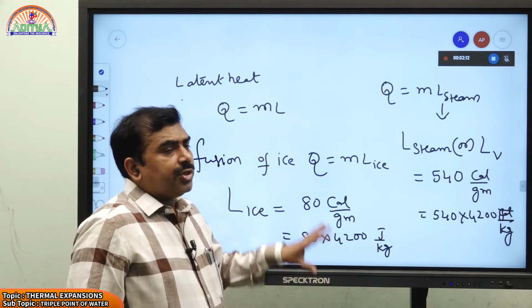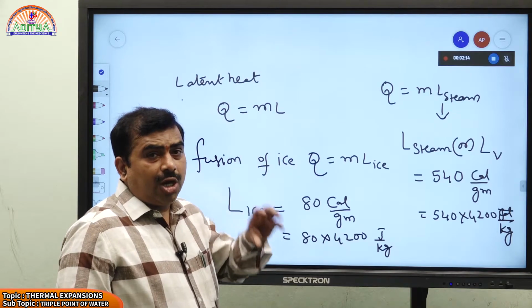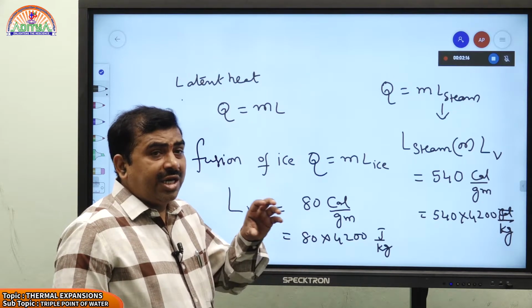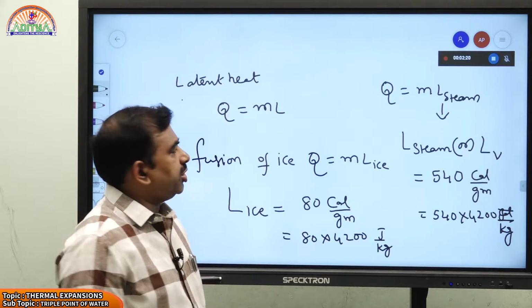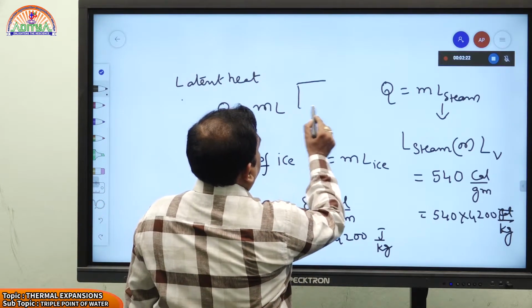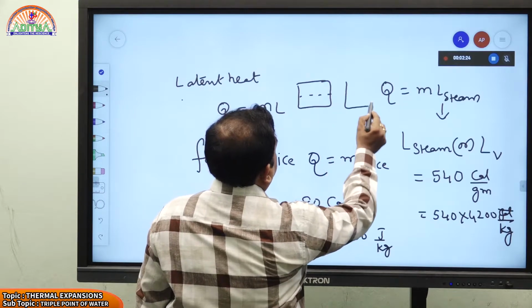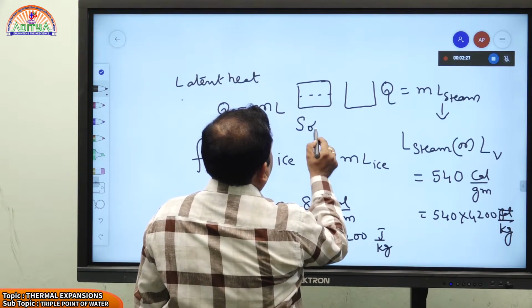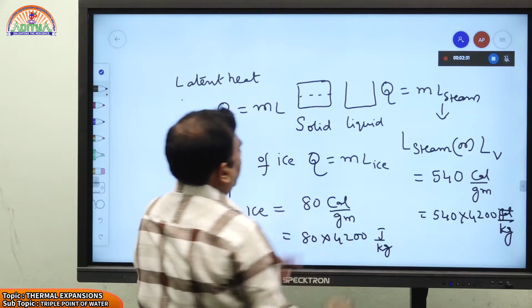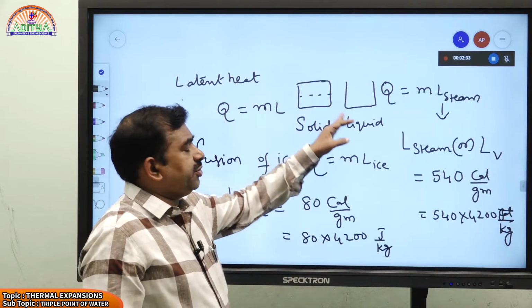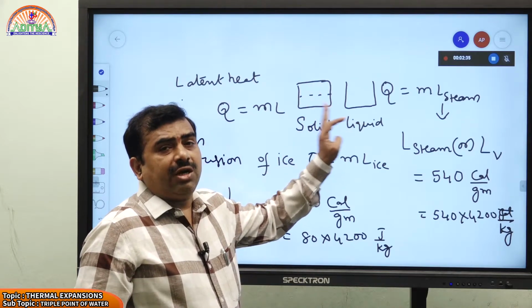In latent heat, it is the process in which heat is absorbed or heat is released during the change of state process under constant temperature. So, when a substance changes its state, that is from solid to liquid or liquid to vapor, such a particular state is called change of state.